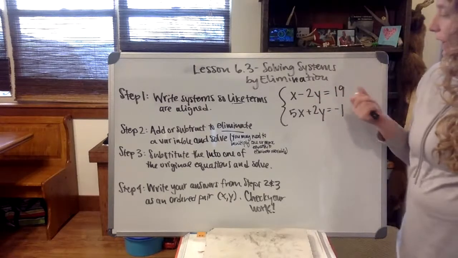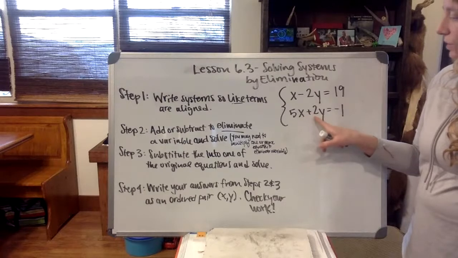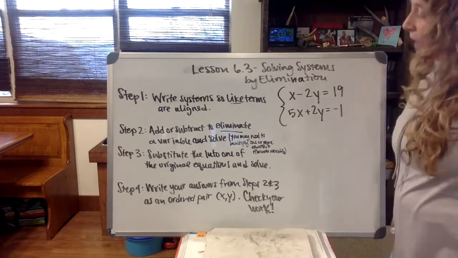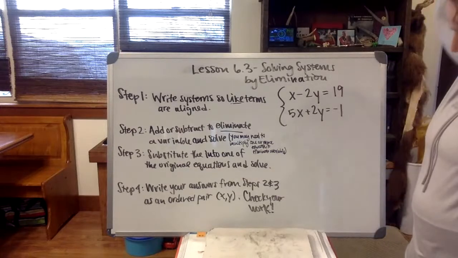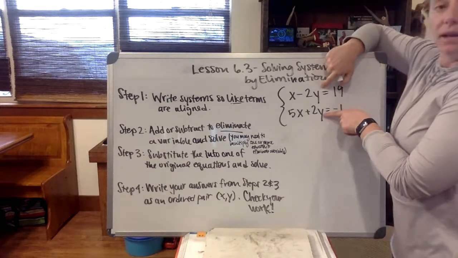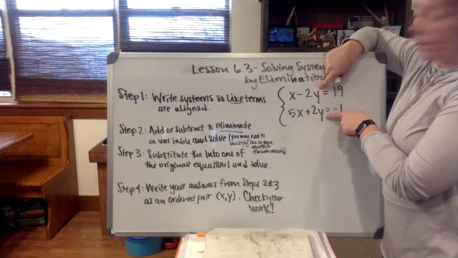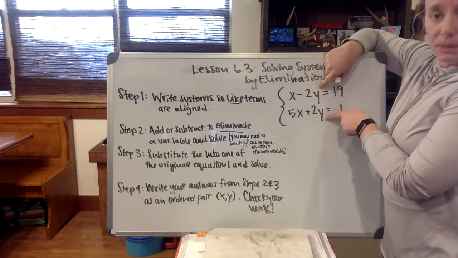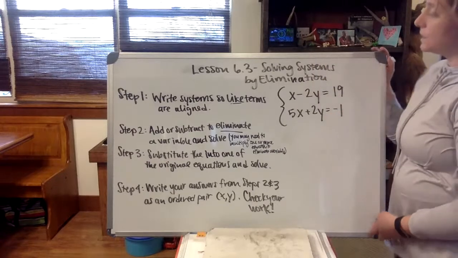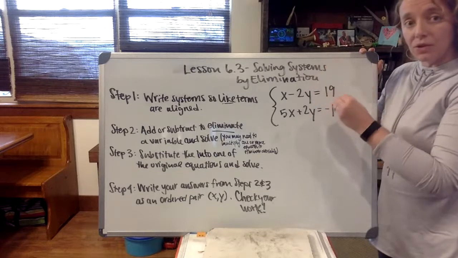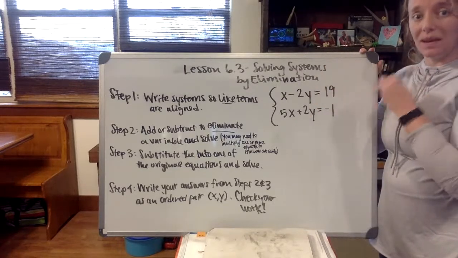Okay, so we have this set of equations: x minus 2y equals 19, and 5x plus 2y is equal to -1. If we look at these 2 equations, we can see that 2y is visible in both of them. To make our lives a little simpler, let's focus on trying to eliminate those. It's really important with solving systems by elimination that you identify one major thing that you can eliminate easily.